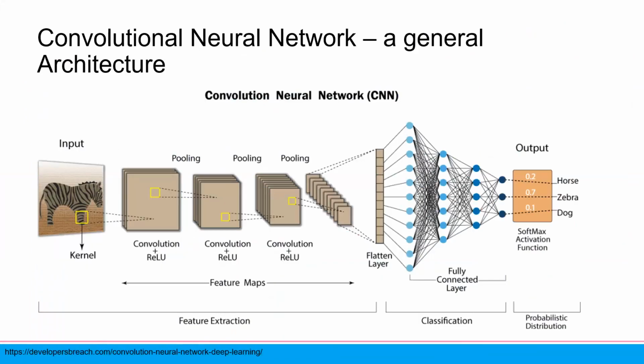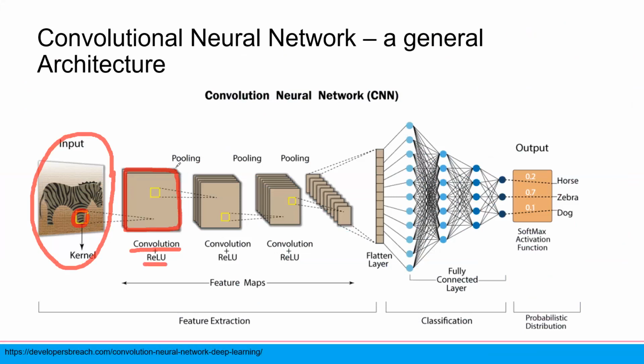This is the general architecture of the CNN. Let's say I want to predict the zebra. I will use the kernel, which is the one that you learned before, and then you will do the convolution. For every layer, you need to define the activation function. For the first convolution, let's say I use ReLU.